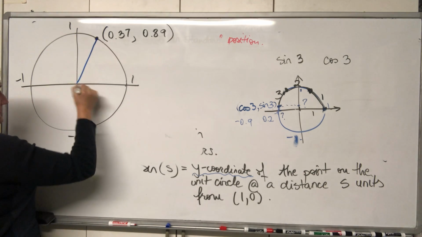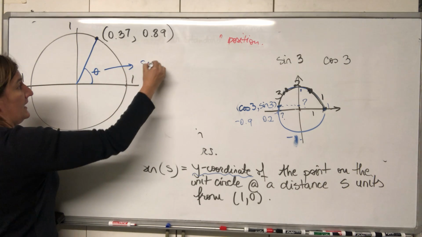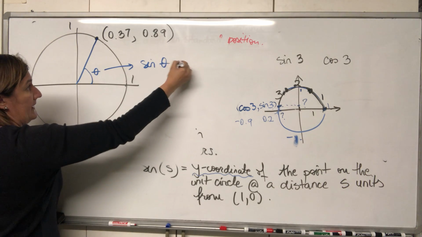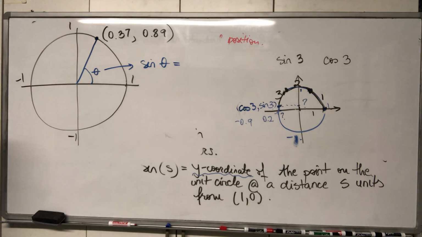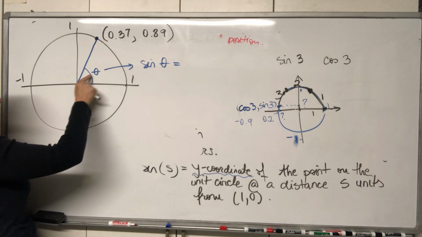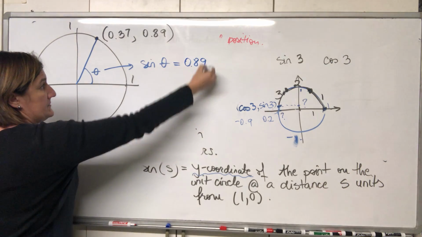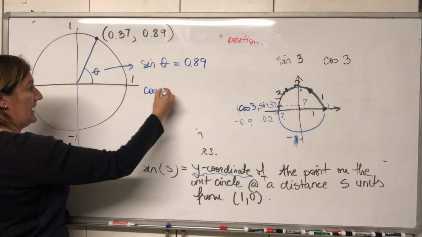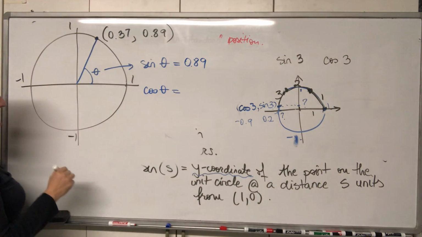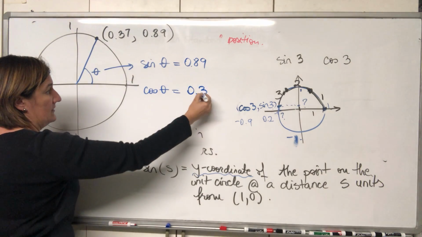And then it shows you an angle theta here, and it says, can you tell me what the sine of this angle theta is? Well, nothing easier than that. The sine value of this angle theta is going to equal what? The y-coordinate of this point. The cosine value of the same angle theta is going to equal what? The x-coordinate of this point.